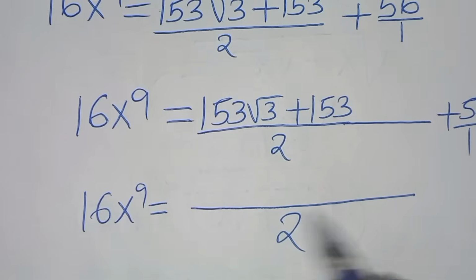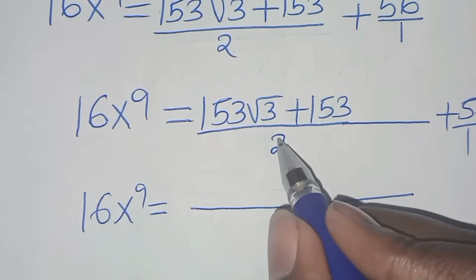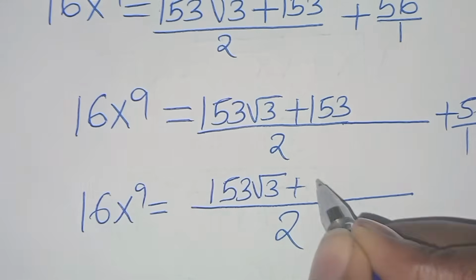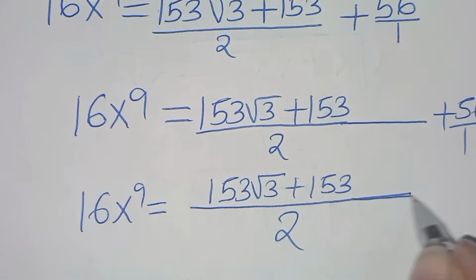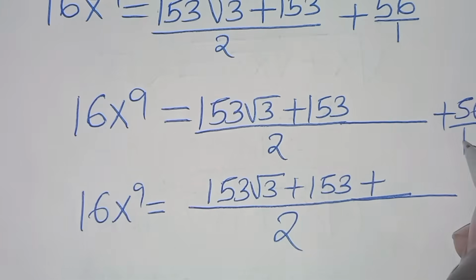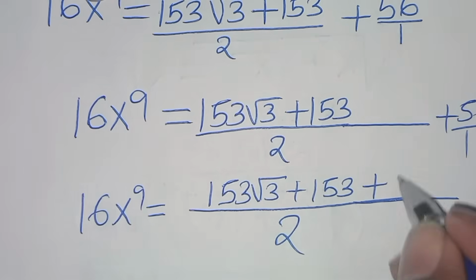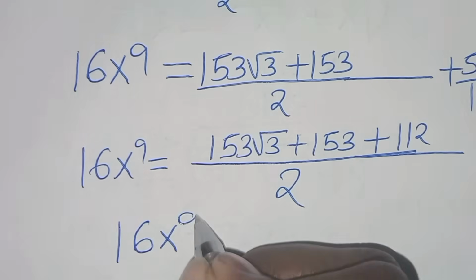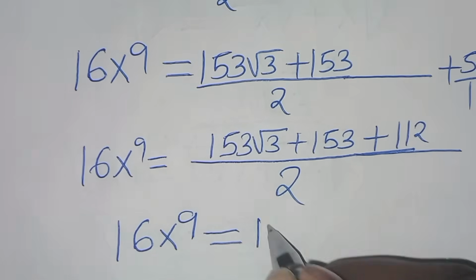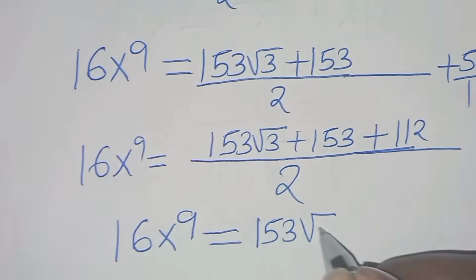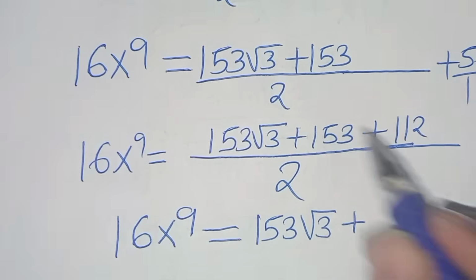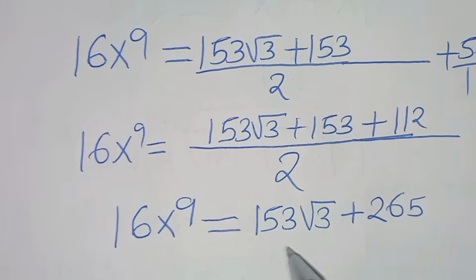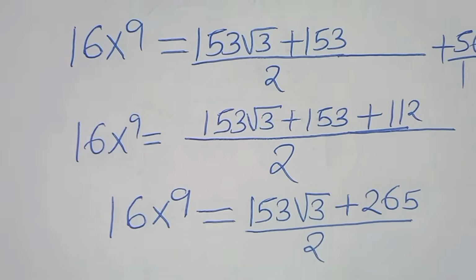This is equal to, the LCM is 2 here. 2 divided by 2, this is 1 times 153 square root of 3 plus 153. Then plus 2 divided by 1 here. This is 2 times 56. This is 112. So that now this is 16x to the power of 9. This is equal to 153 square root of 3 plus 153 plus 112. This is 265. Everything here divided by 2.